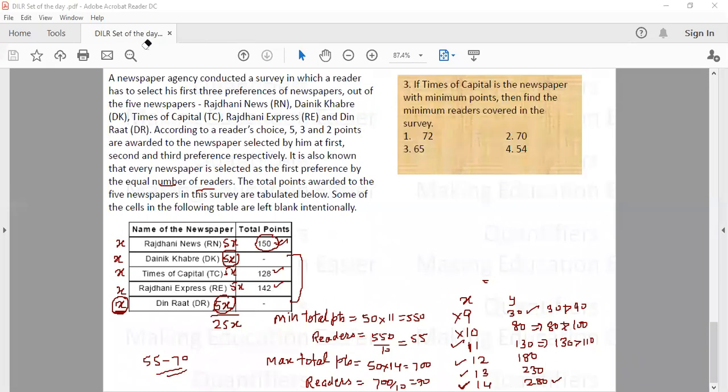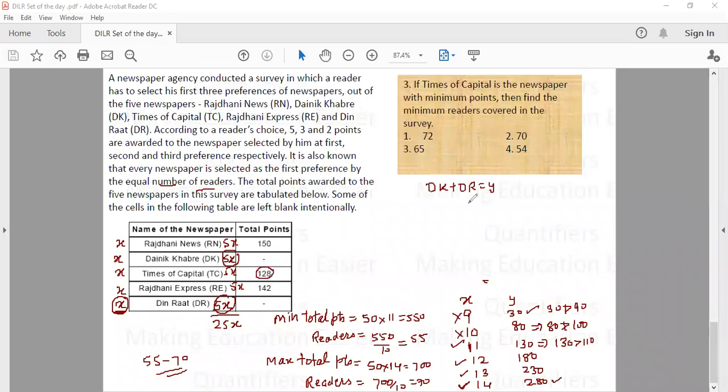As in the solution of the previous question, we have taken the sum of points of DK and DR as y, and this Times of Capital is the paper with the minimum points. That means 120 is the minimum points.